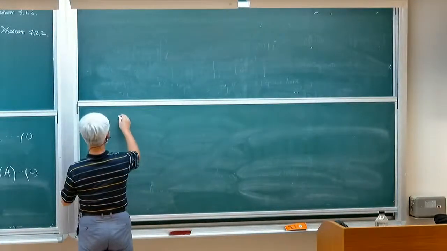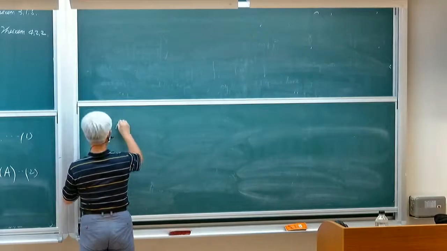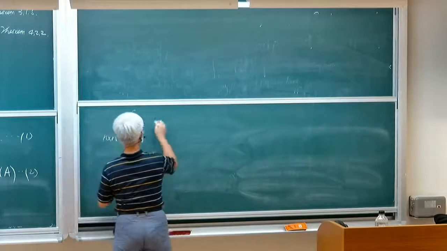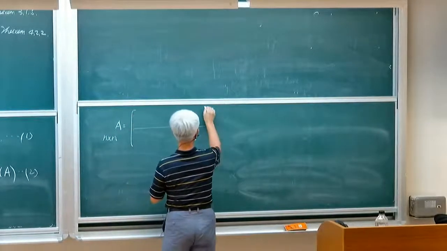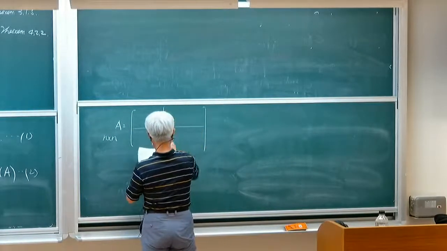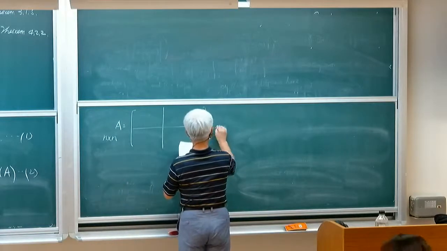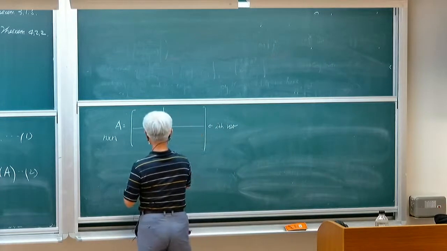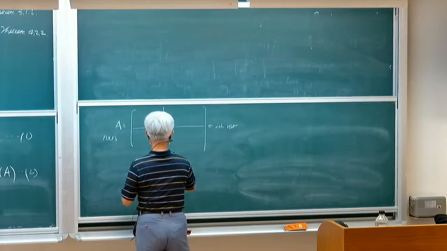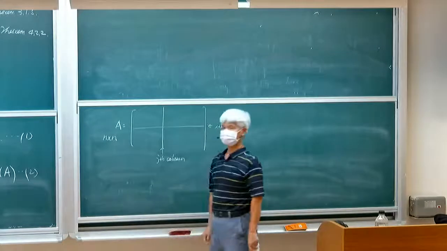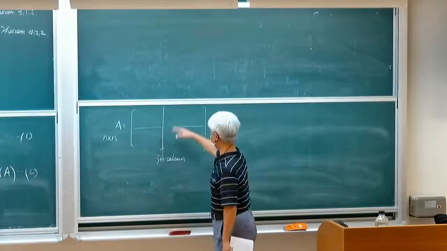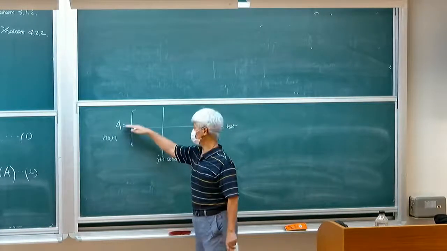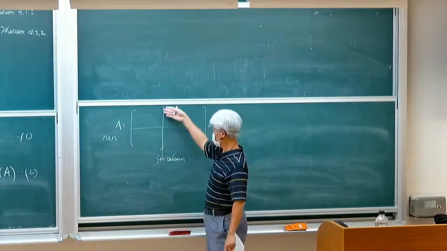All right, so now suppose we have a big matrix, which is n times n. We look at the ith row and the jth column, and now we just remove them. Remove the ith row, remove the jth column.